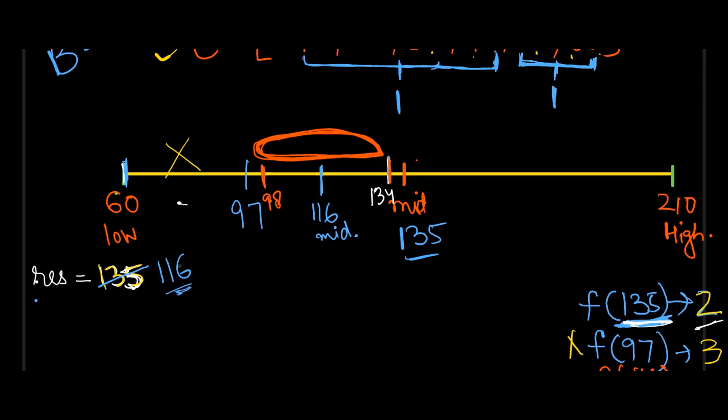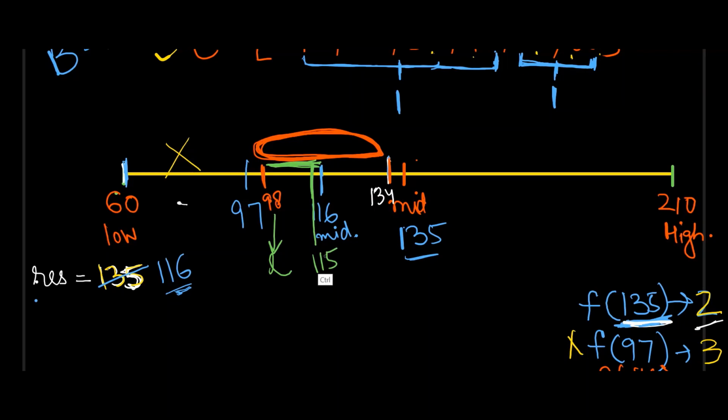As 116 units of time can paint easily, let's try to minimize the time. So we'll be checking for this part where low will be 98 and high will be 115, that is mid minus 1.